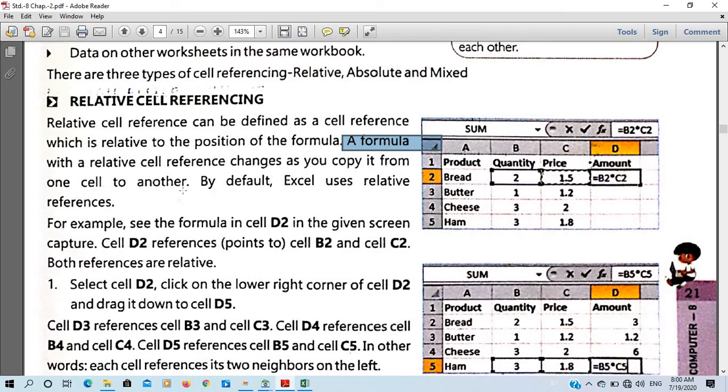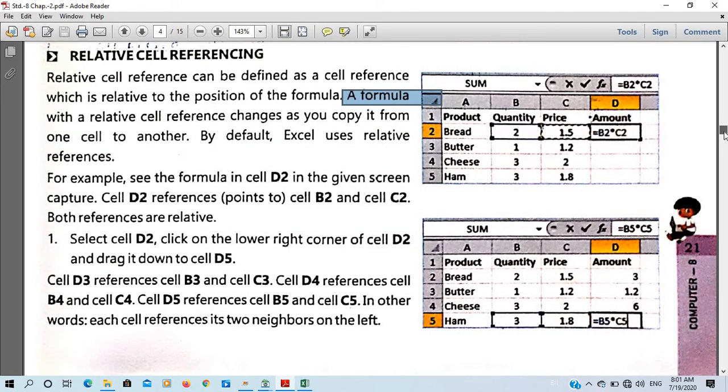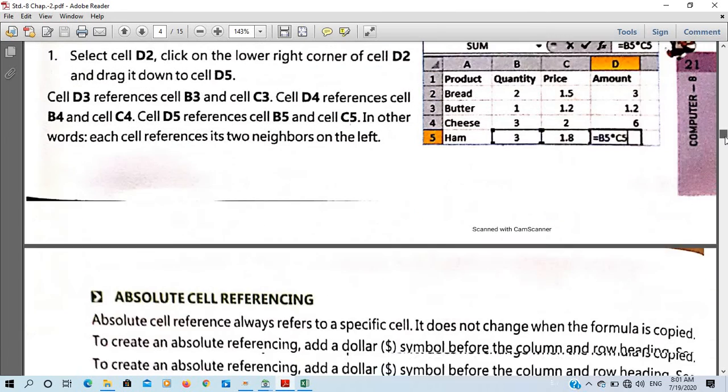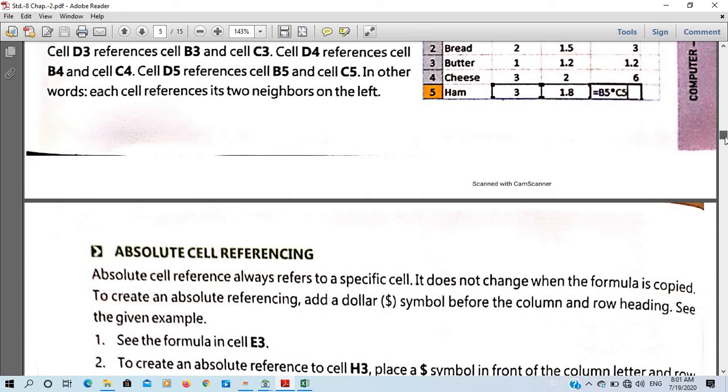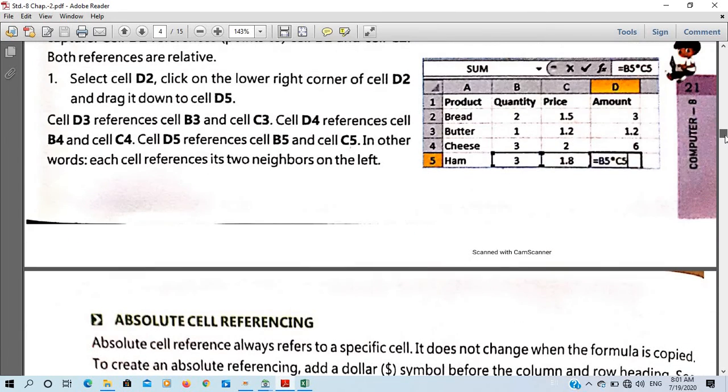Up to here you can read the definition of relative cell referencing, and if you are not understanding it, you can write to me in the comment section. I will explain once more if you have any difficulty. So I think it's understood now what relative cell referencing is.